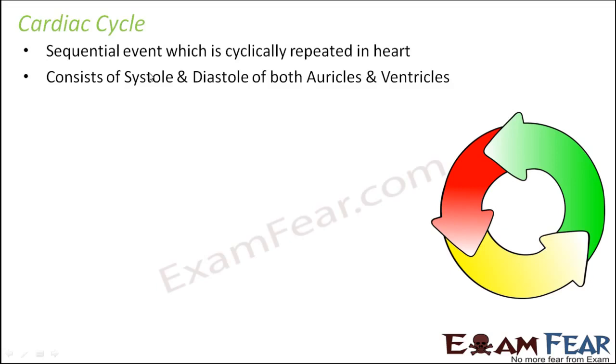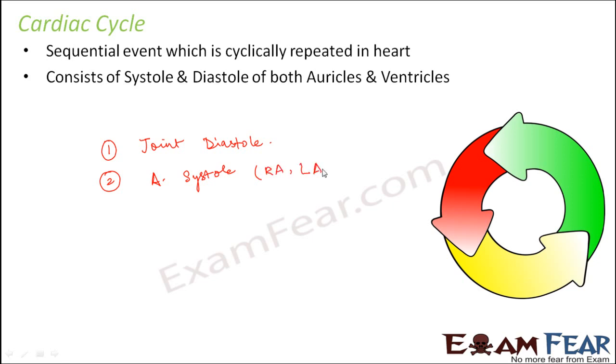Based on whatever we have studied previously, if we talk about the cardiac cycle, the first step is the joint diastole, where both the auricles and the ventricles are all in the relaxed state. The second step is the auricular systole. This is initiated by the SA node, which generates an electric impulse, and in this step both the right auricle and the left auricle contract.